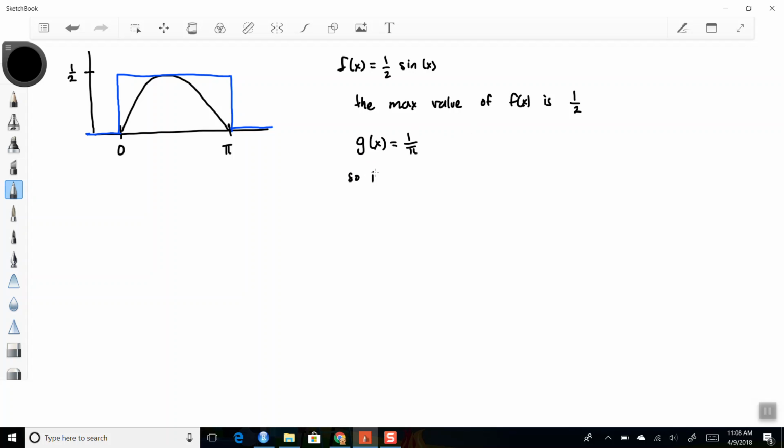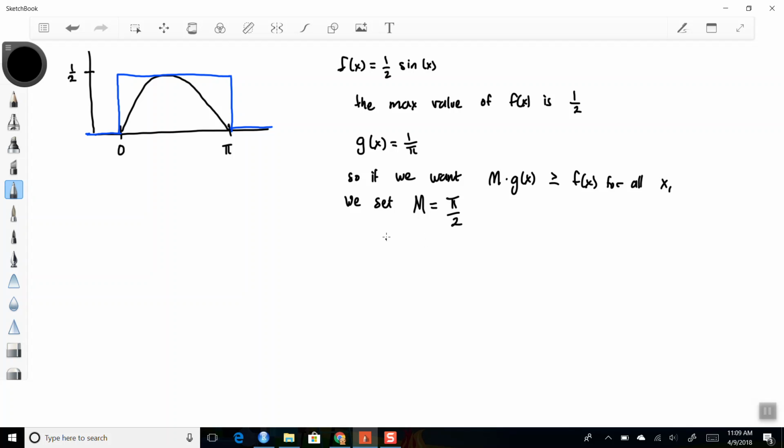So if we want m times g of x to be greater than f of x for all x, what should m be? m should be pi over 2, right?